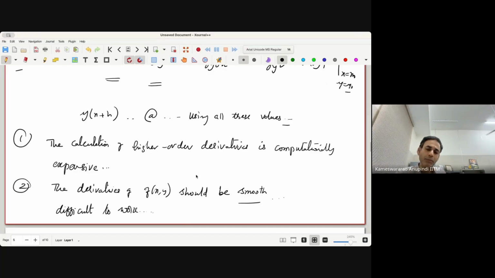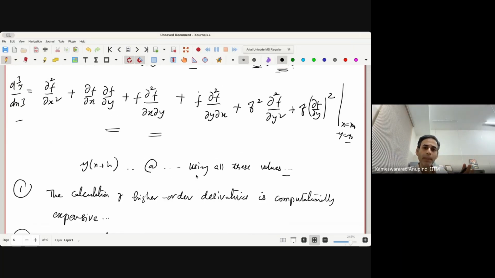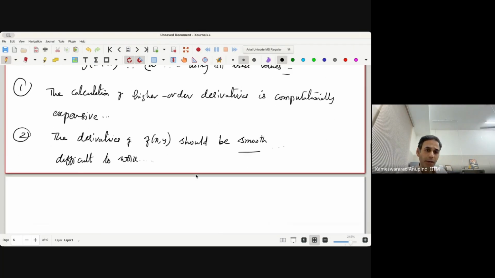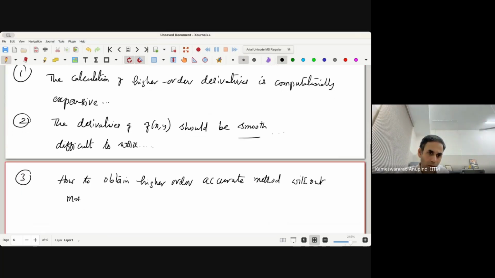However, if these conditions are satisfied by a particular function, then you can essentially extend it to higher order accuracy. However, in the coming lectures, we will see how to obtain a higher order accurate method without making use of higher order derivatives.